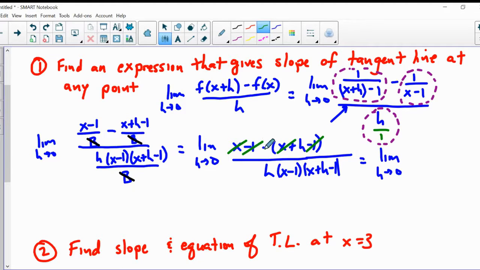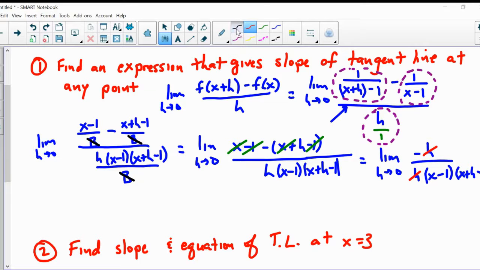So now we are just left with minus h. The numerator is minus h, and the denominator is h times x minus 1 times x plus h minus 1. Now I'm left with an h in the numerator and denominator that are multiplied by everything that's left, so I can cancel them out.